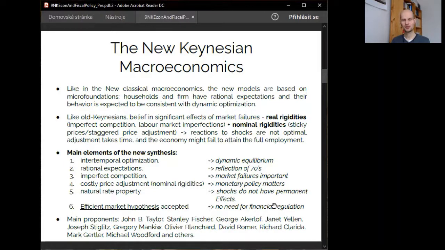So while we need some interventions on the goods market and on labor markets and so on, the financial markets are different. They are supposed to be very, very effective.